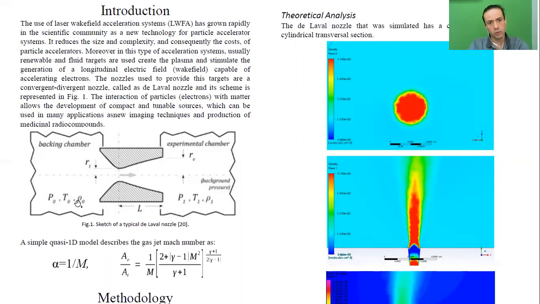So P, T and rho are the pressure, temperature, and density of the backing chamber on this side. And this side has the same characteristics of the flow of the fluid in the experimental chamber, that in our case is the vacuum chamber. Here is the throat radius, and here is the exit radius of the nozzle.